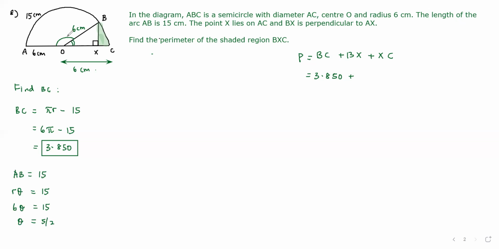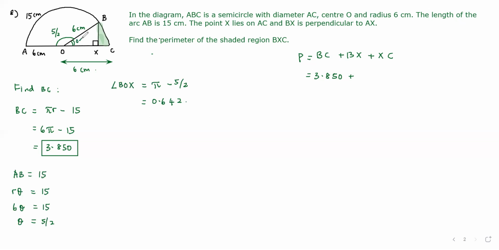So that angle theta is angle AOB, with a value of 5 over 2. Then angle BOX is pi minus 5 over 2, which is 0.642.